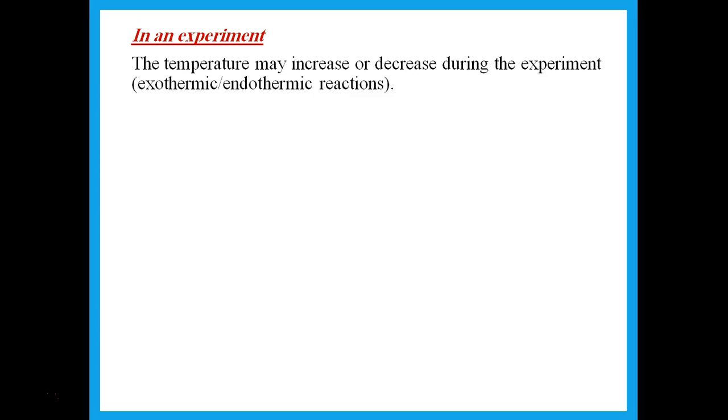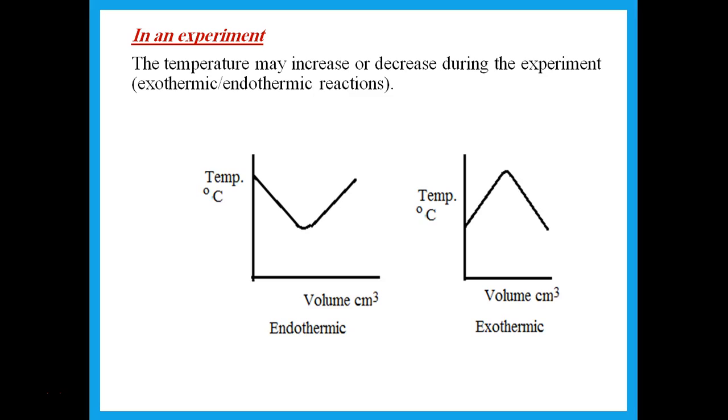Okay, so when we measure temperature of experiments, some temperatures will go up and some temperatures will go down, and if you remember from last year, we will know that this is exothermic and endothermic reactions. But if we're measuring temperatures, they will initially go down or initially go up until the reaction finishes.